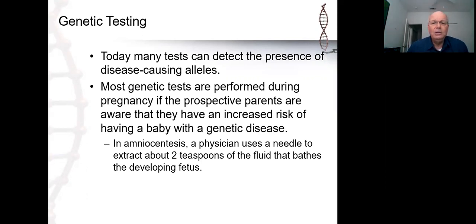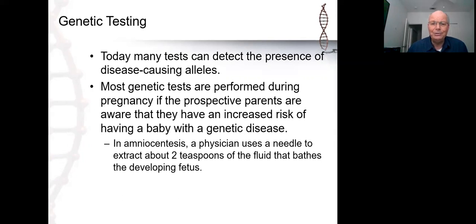You can access fetal cells through either amniocentesis, where you take fluid out of the amniotic sac using a very large needle, or you can reach in through the vagina into the uterus and collect some cells from what are called the chorionic villi that are also derived from fetal cells.